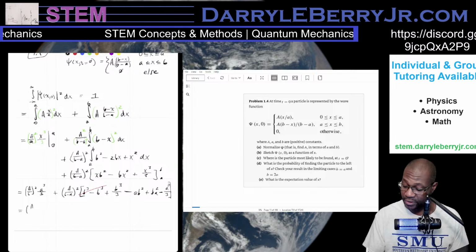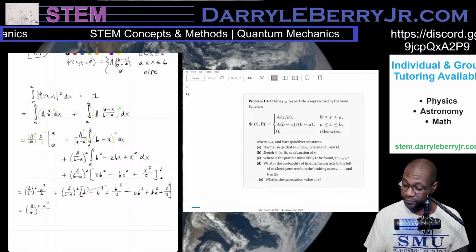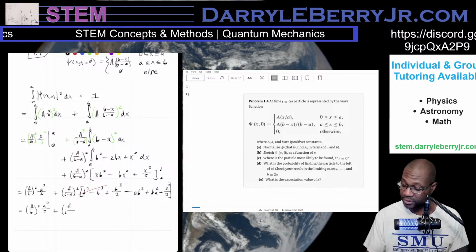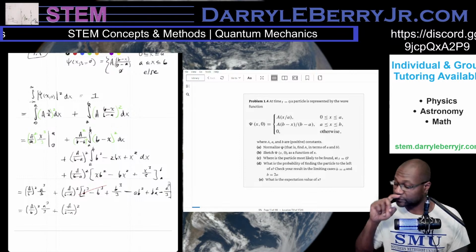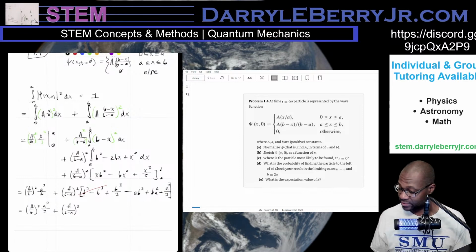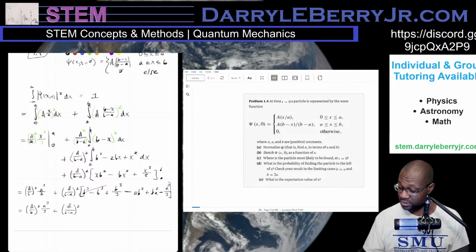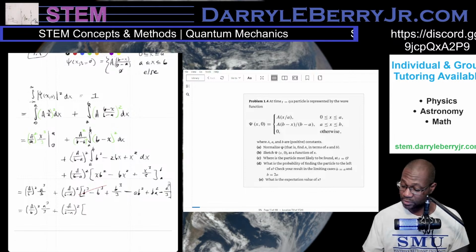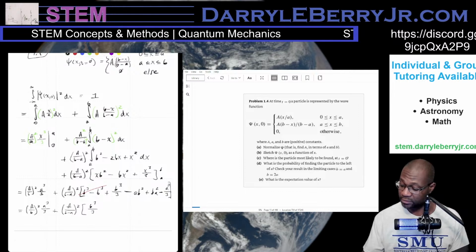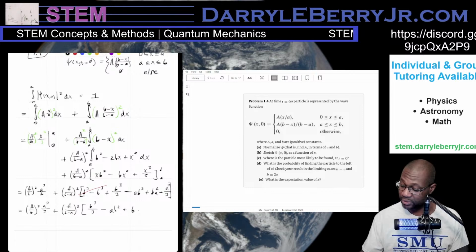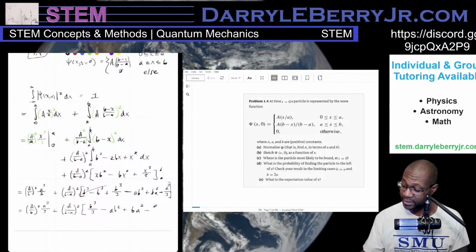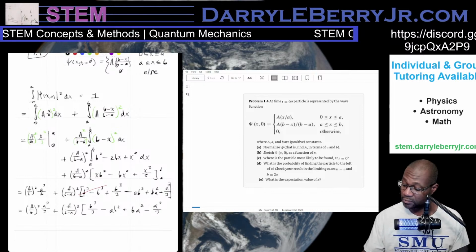So then we have a over b squared, a cubed over 3 plus a over b minus a squared, and hopefully this simplifies as nicely as the previous problem. Doesn't seem like it though. We have b cubed over 3 minus a b squared plus b a squared minus a cubed over 3.